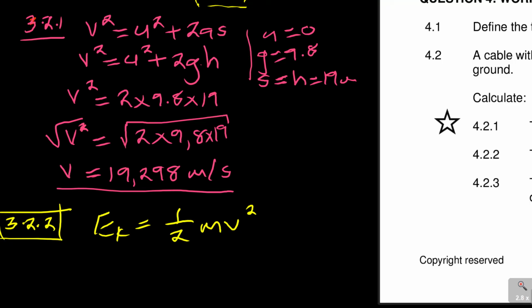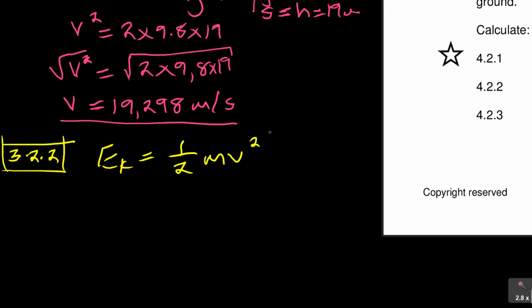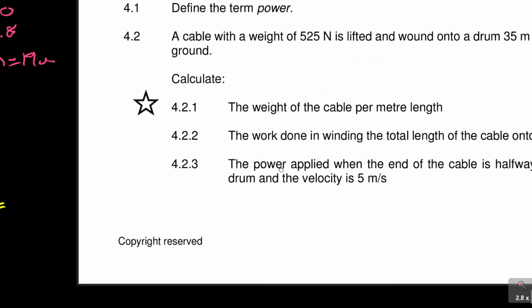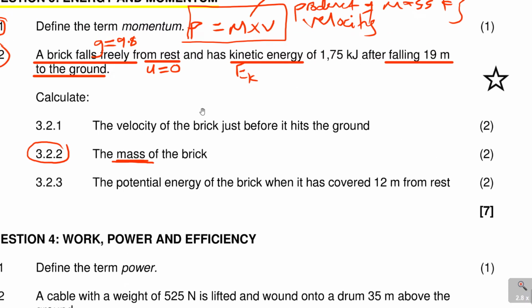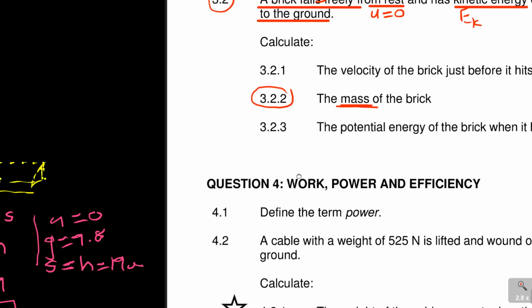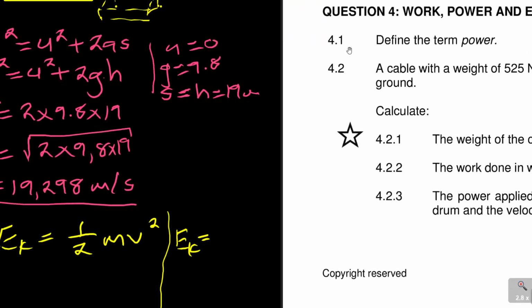Now there are two approaches here. You can substitute, but what I prefer is first making the other one the subject of the formula. Now we know our EK, because they are saying calculate the mass of the brick. We know that our kinetic energy, EK, is 1,75 kilojoules.